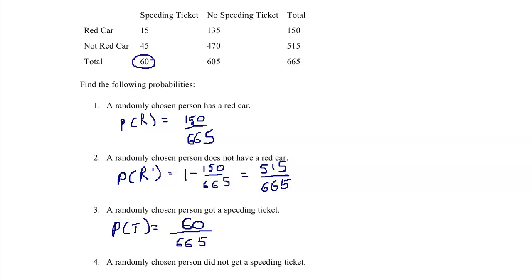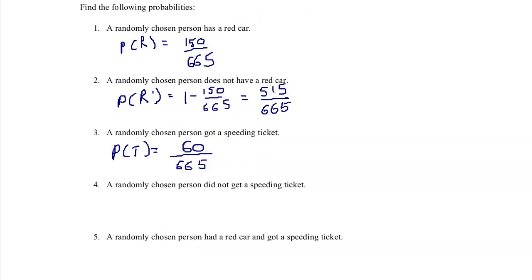What's the probability a randomly chosen person did not get a speeding ticket? And again, two ways we can do this. Just like the probability a randomly chosen person doesn't have a red car, we could look at this as the complement, 1 minus 60 out of 665.